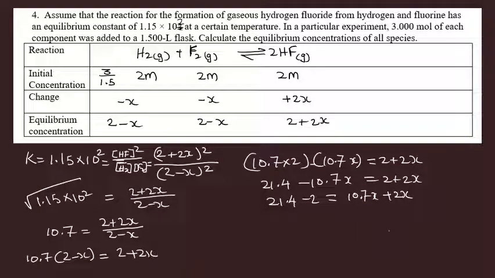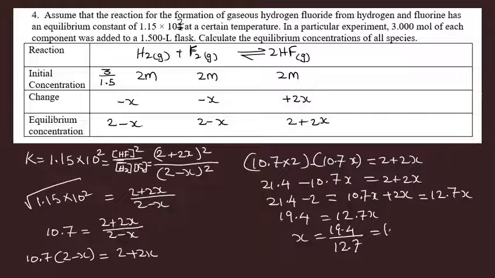So all the terms with x is on the right side now, and that equal 12.7x. And now we can find the x. So 21.4 minus 2 is 19.4, which equal 12.7x. So we will get x equal 19.4 divided by 12.7, that equal 1.527.